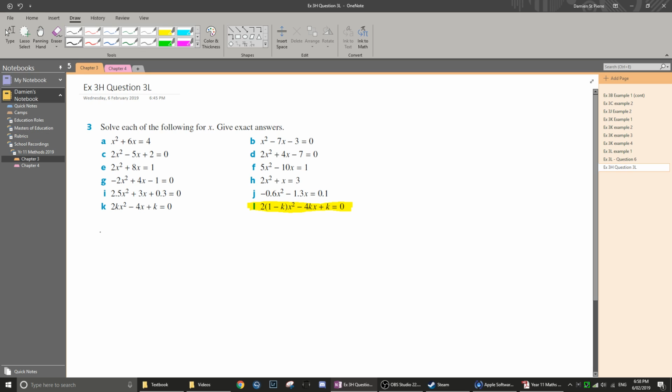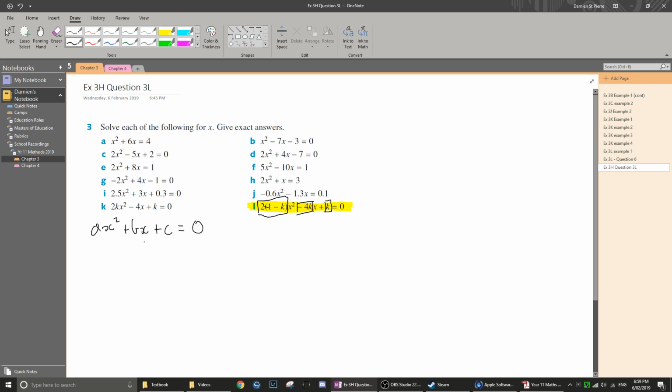So the standard form of the quadratic equation is ax squared plus bx plus c equals 0. Now this looks a whole lot more complicated because it's got an additional variable in there, k, but we still have a coefficient times x squared, a coefficient times x, and then a constant on the end.